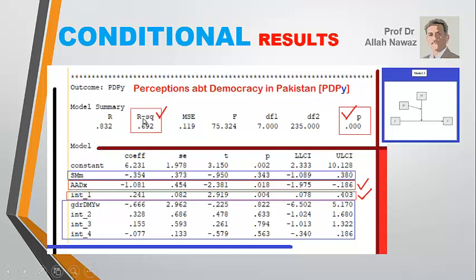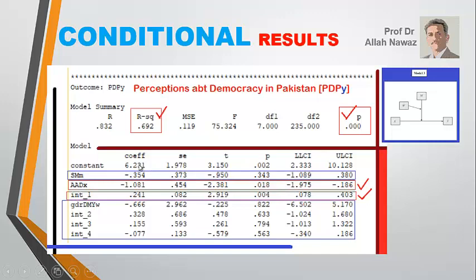Here we can see that R square shows that 69% of change in the dependent variable is coming out of these 7 variables, 3 variables and 4 interaction terms. The result is also significant because the p-value is far less than 0.05, it is 0.000.